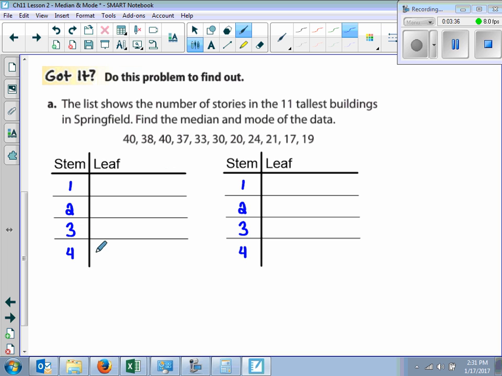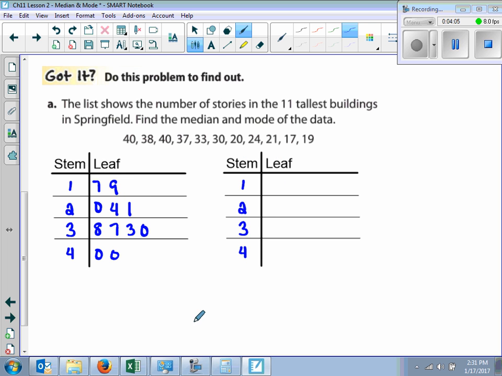So we've got 40, 38, 40, 37, 33, 30, 20, 24, 21, 17, and 19.